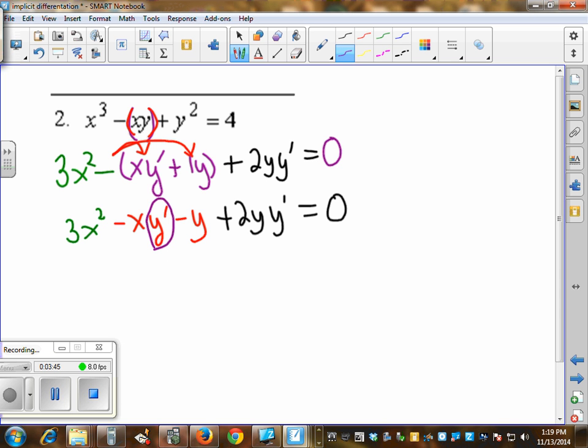So it means that we want to get everything that is not a y' on the other side of the equation. So let's add y to both sides, and let's subtract 3x squared from both sides.